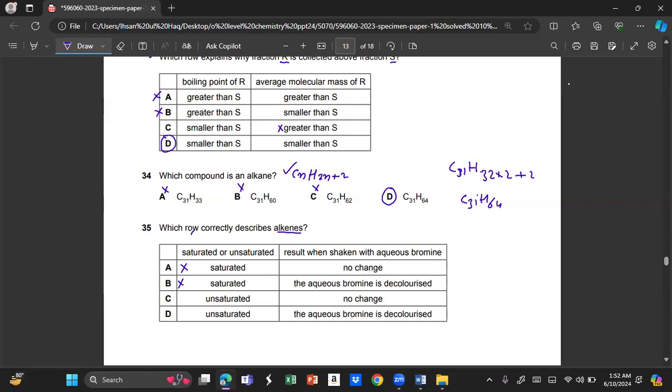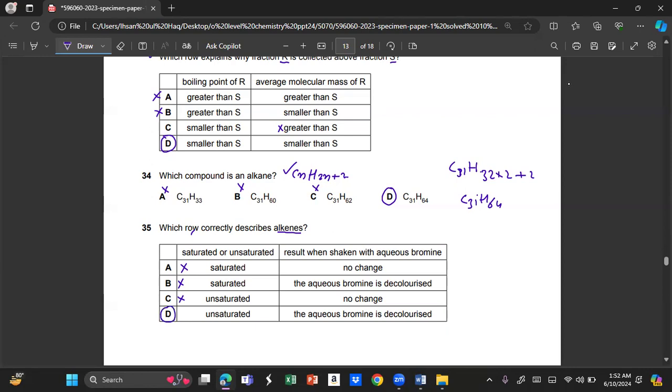As I told you, alkenes undergo addition reactions. So do you think that when they are shaken with aqueous bromine, they don't change? No, they will change, because bromine or chlorine can easily add to alkenes because of the double covalent bond. So option C is also rejected. The only option left is D.